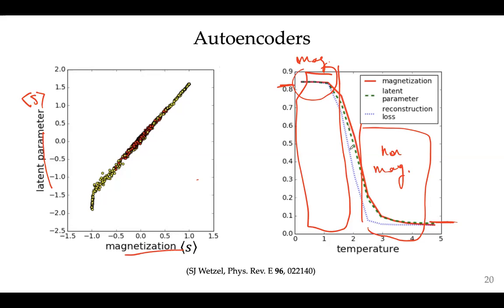Okay, now you can look at the border that distinguishes these two. It's around 2.2 or 2.3, and it's indeed the critical temperature in the model. So this unsupervised model can actually distinguish the two phases and learn from the data what's important in the data, in this case, the magnetization.